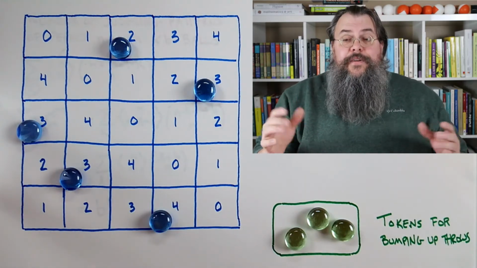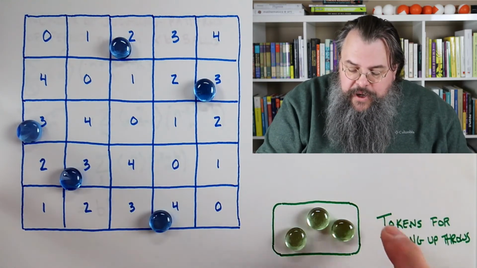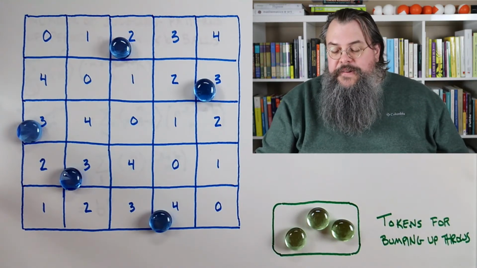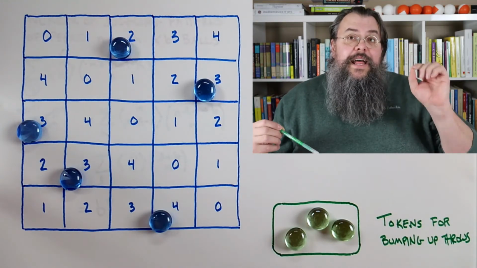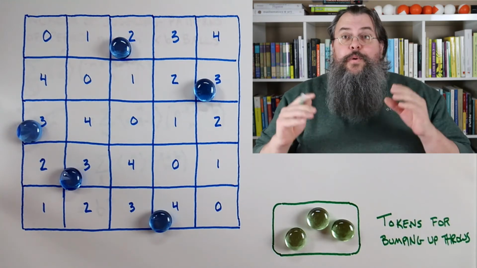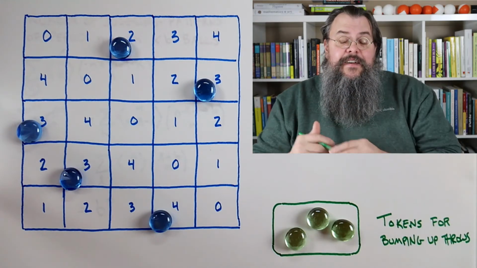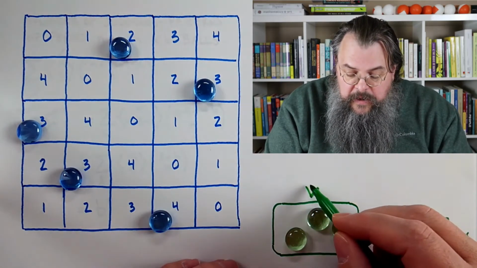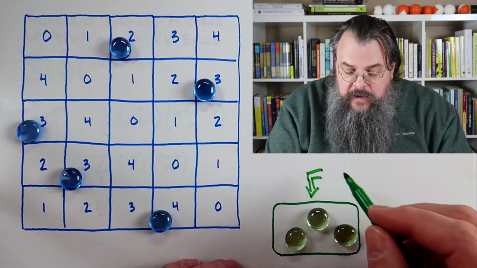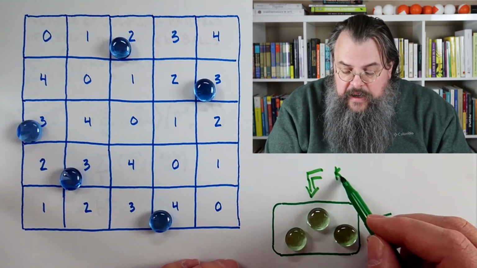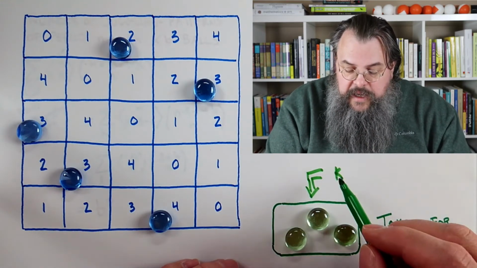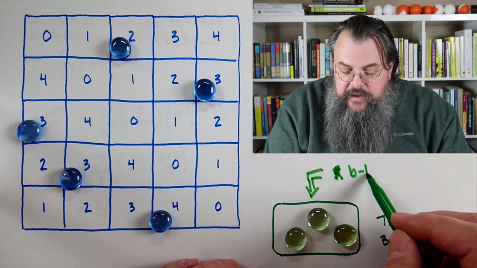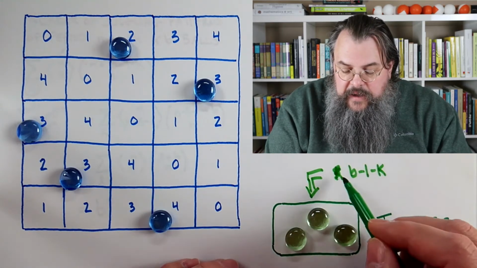How many balls are left? In other words, how many balls are there down here that are going to be bumped up? Well, remember, we want less than b balls. We've already placed k. So down here, in this slot, we're going to have b minus 1 minus k.